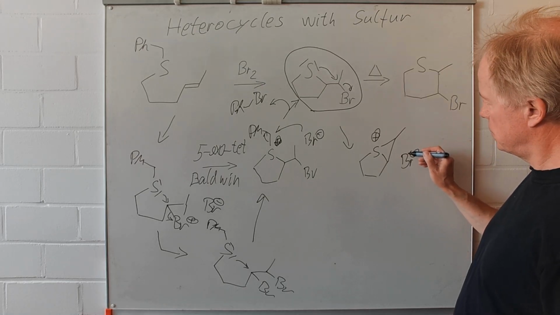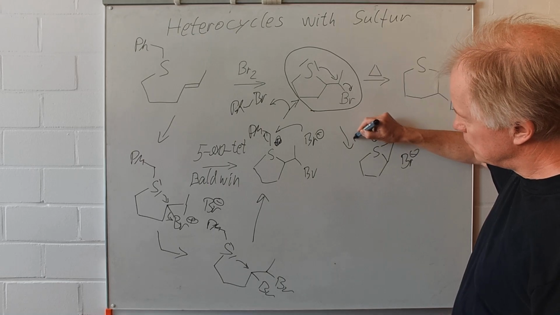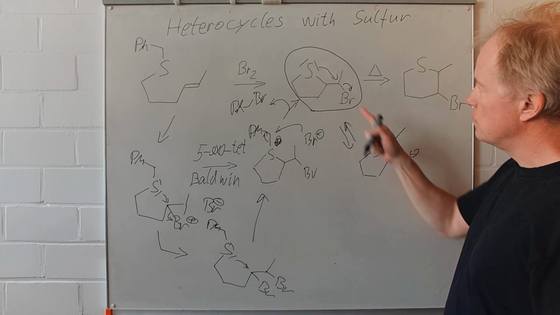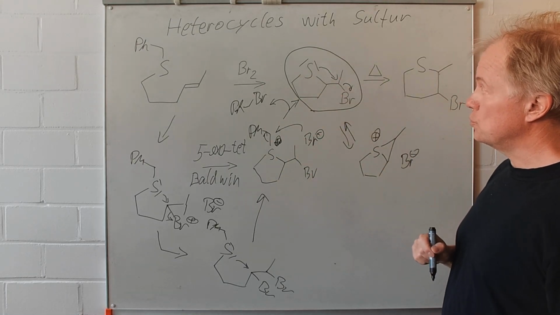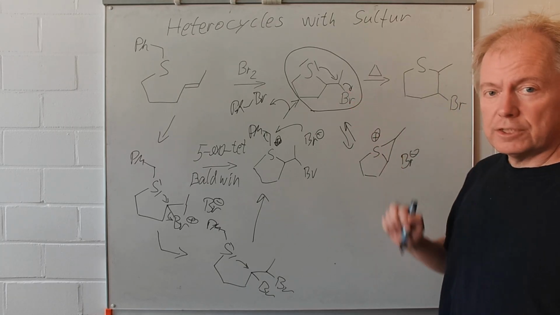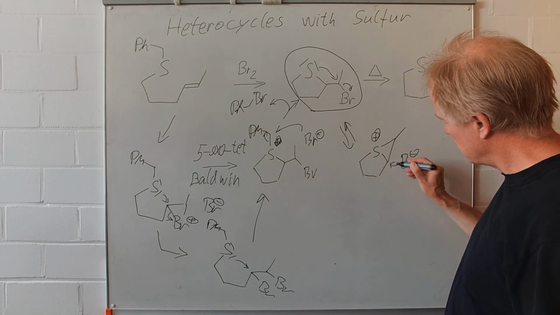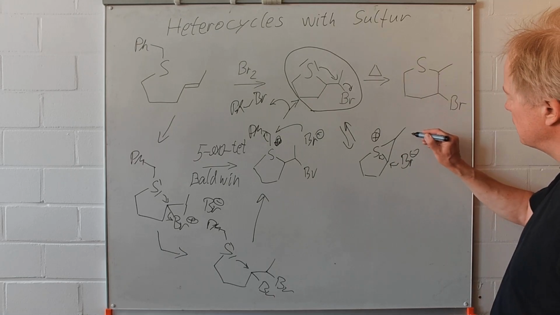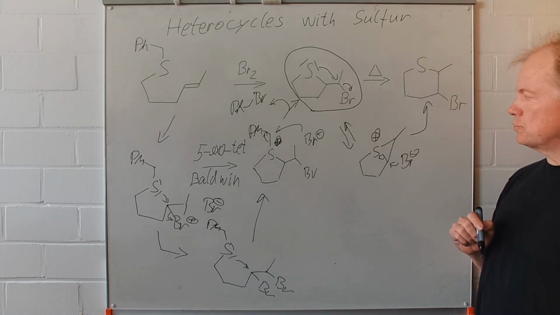And if it reacts as a nucleophile here, then we would react backwards to get to a 5-membered heterocycle. So it's an equilibrium reaction, but if it reacts here, then we end up at the 6-membered ring.